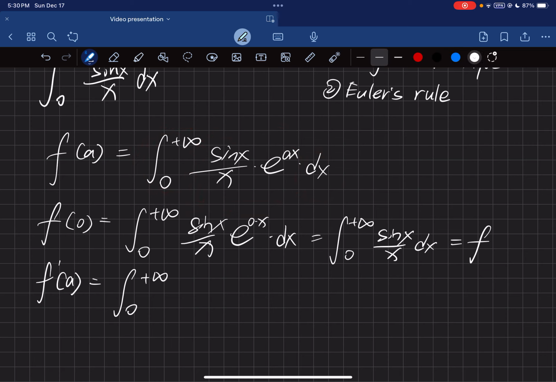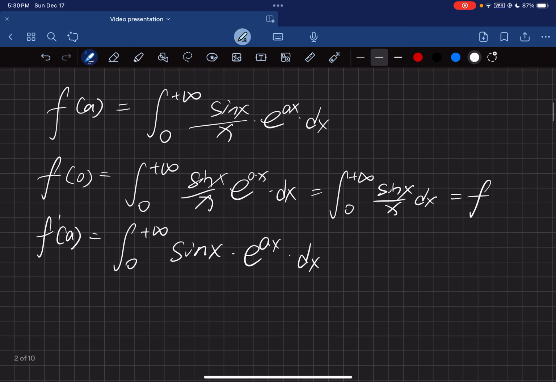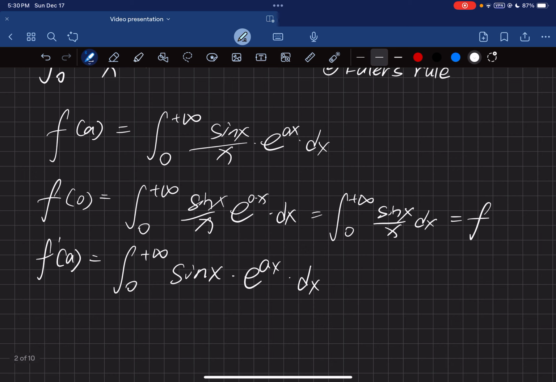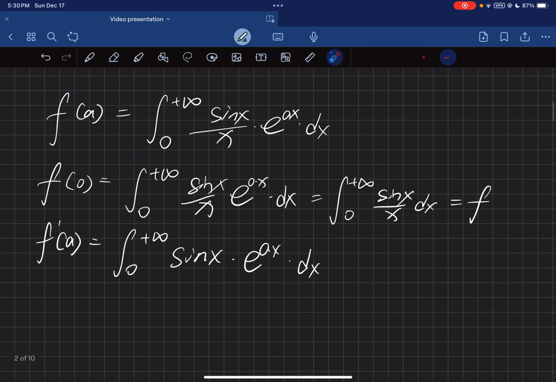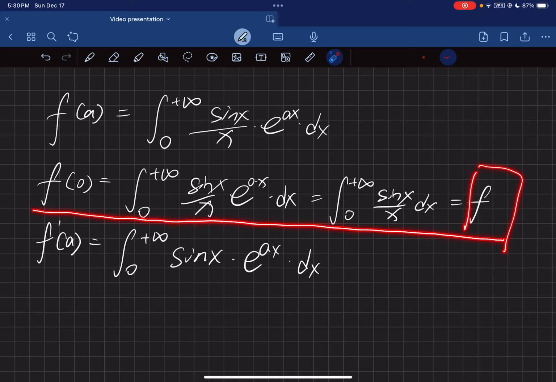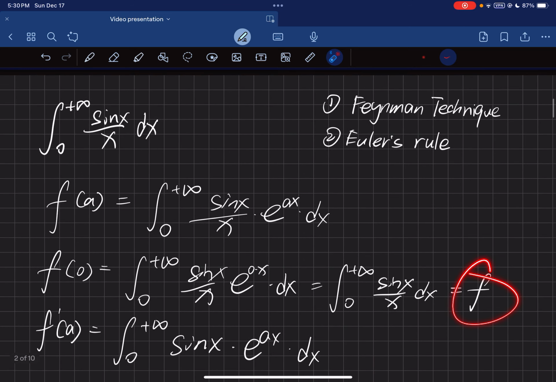So in this case, it will be sine x times e to the power of ax dx, right? And the original function f(a), when a is 0, is the value we would like to find.